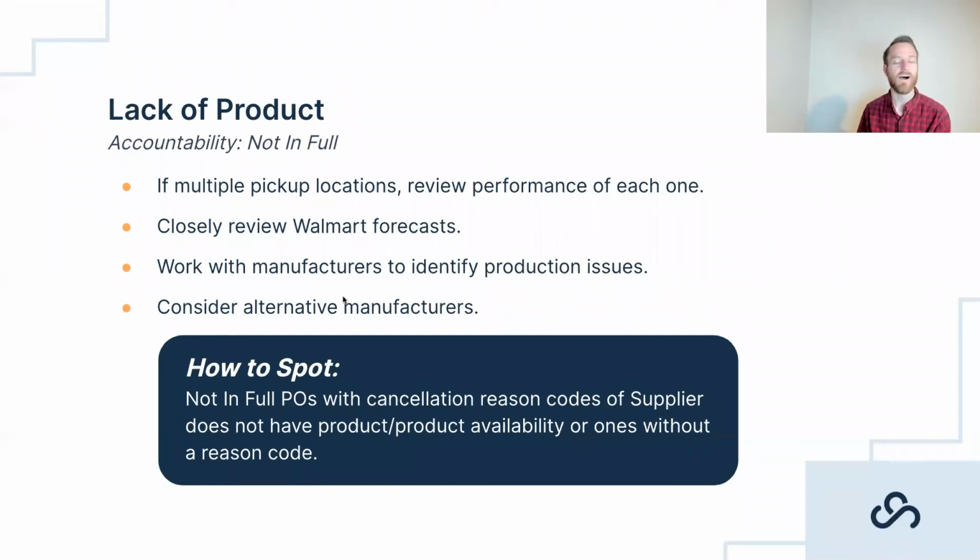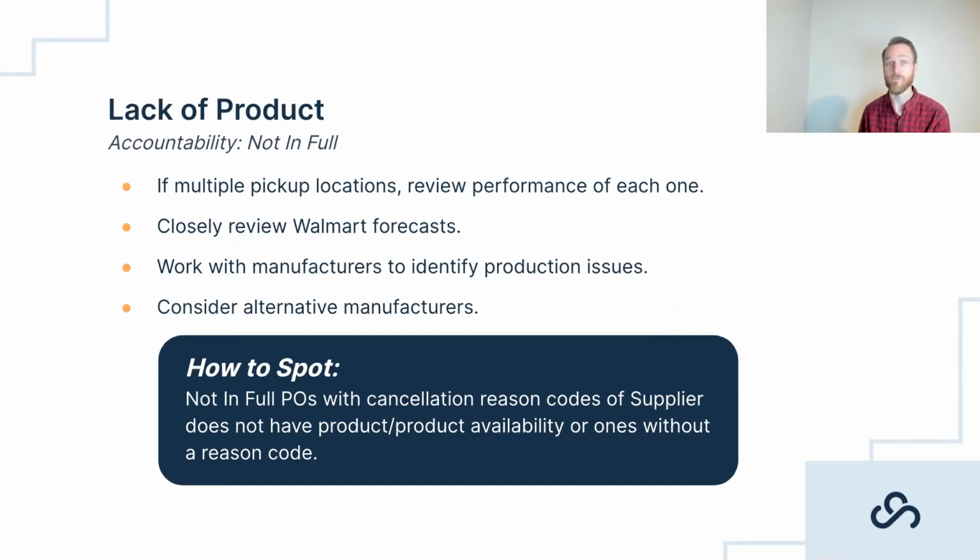In addition, obviously review Walmart's forecast. We know Walmart is no oracle and their forecasts are not perfect. You may be doing this already and still struggle with in-full because Walmart may order greatly above forecast, but it's at least something to be aware of, what they're forecasting to order or to sell in their stores, so that you can at least do your part on the front side and try to have what they think they're going to order.